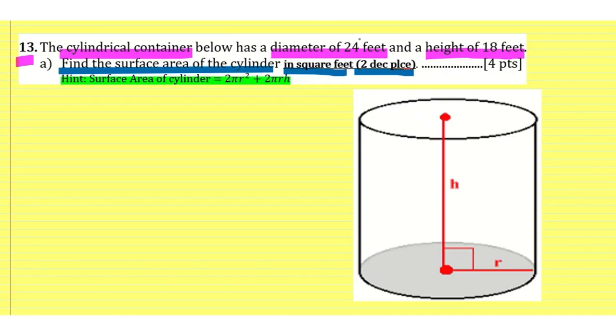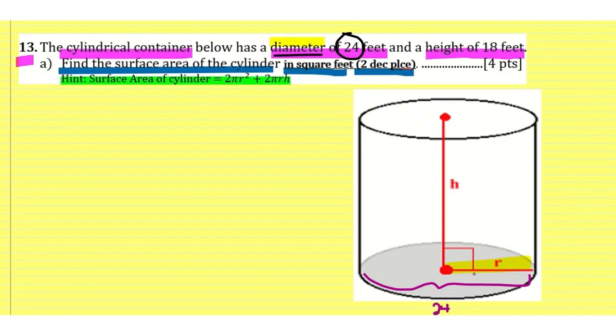They tell us that the diameter is 24 feet. Well, on our drawing, they've actually labeled the radius. But how is the radius and the diameter related? Well, the diameter is 2 times the radius. So the diameter is going to be all the way across the circular bottom of our cylinder. That means the entire distance is going to be 24 feet.